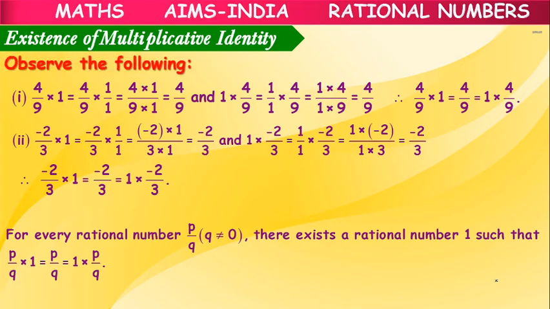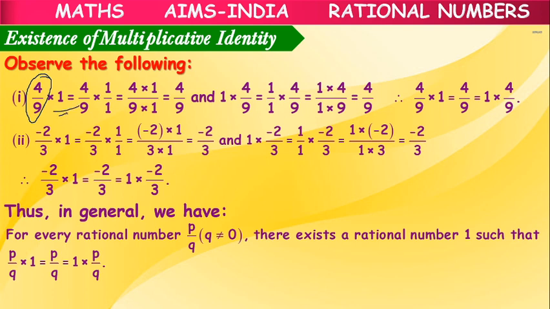Okay, children. Next, let's observe one more property. Here 4/9 is the rational number. I am multiplying with 1. So 1 I can take as 1/1, because any integer, if we keep it over 1, becomes a rational number. So here 1 is an integer, and I am turning it into a rational number by just keeping 1 over 1.